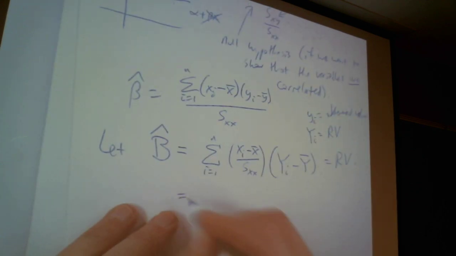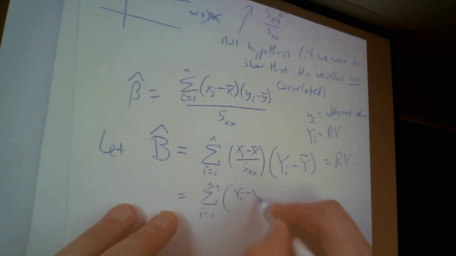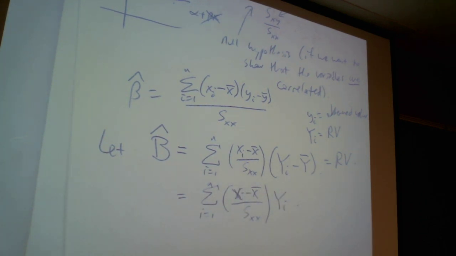I claim that this is equal to a sum as i goes from 1 to n of (xi minus x bar) over Sxx times just the Yi's themselves. Why is that true?